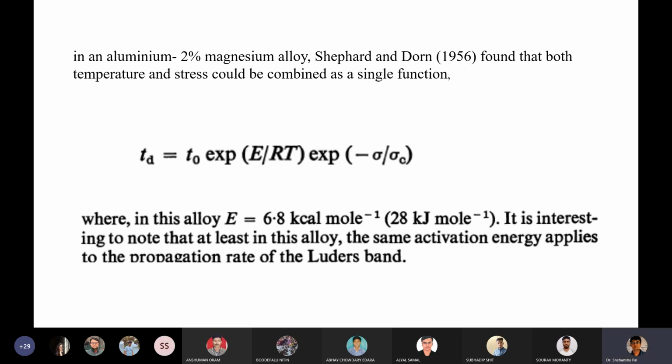People are still working on finding the reasons for those anomalies in the stress strain plot, and between the upper yield point and lower yield point, the variation of the yield strength value and the fluctuation is known as yield point phenomena. It is a very burning topic.